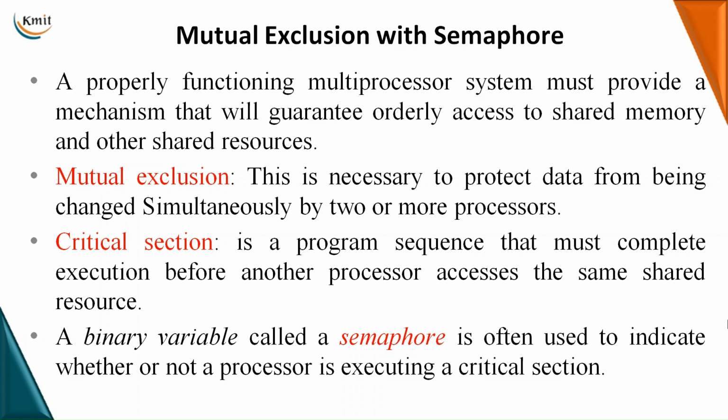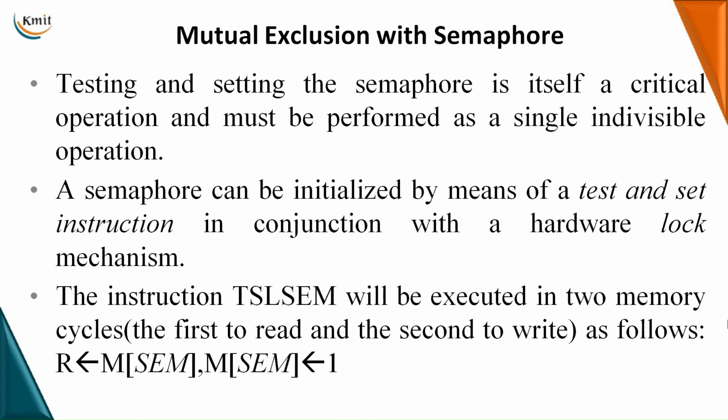In terms of the critical section, a binary variable called a semaphore is used to indicate whether a processor is executing the critical section or not. With the help of the test and set instruction, as we know, testing and setting the semaphore is itself a critical operation.